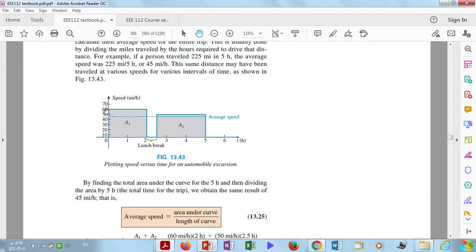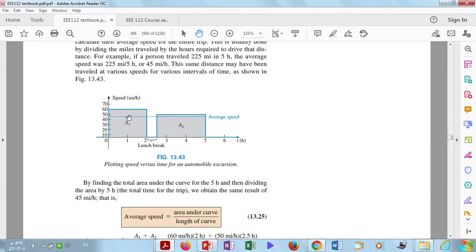For the first 2 hours we go at 60 miles per hour, and from 2 until 2:30 we stop. But from 2:30 to 5 o'clock we go at 50 miles per hour. What's the average speed during all the period?